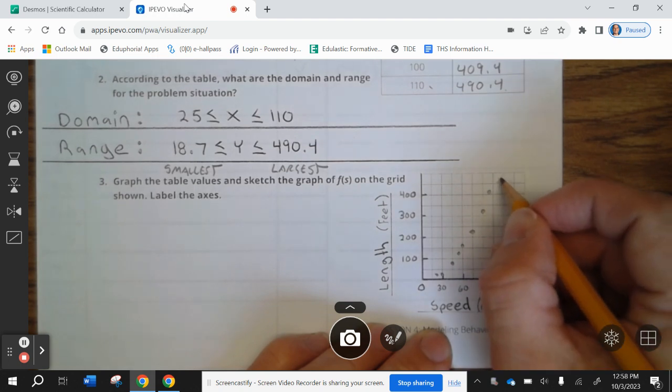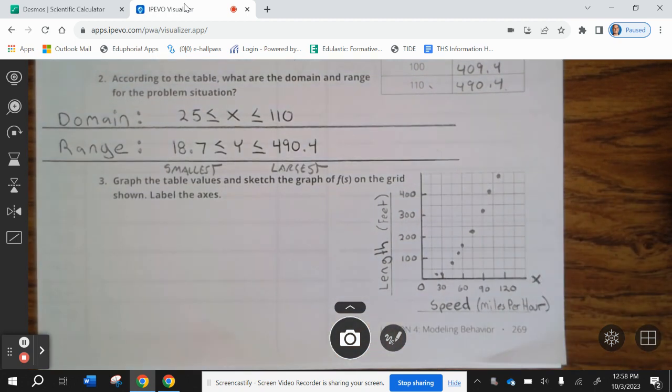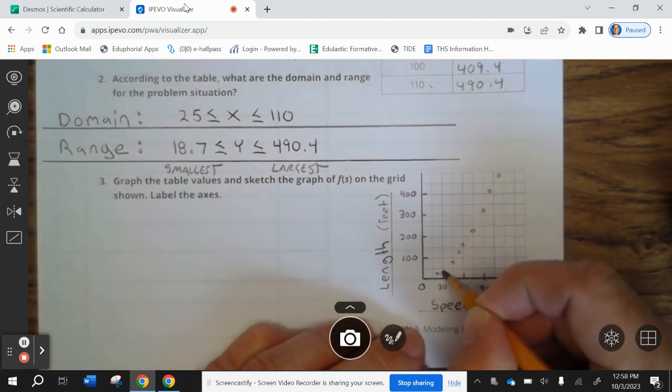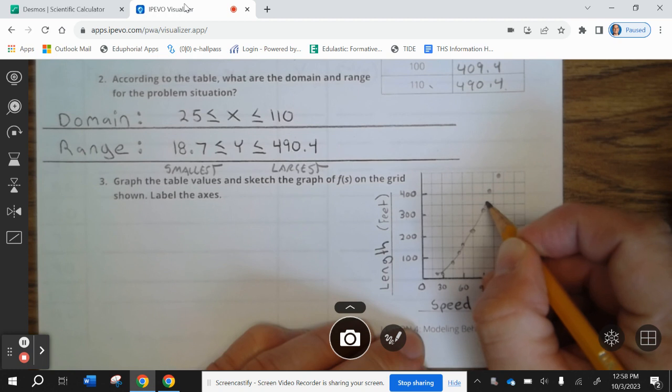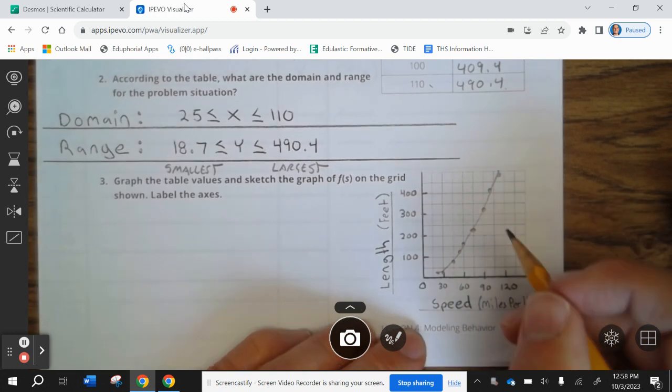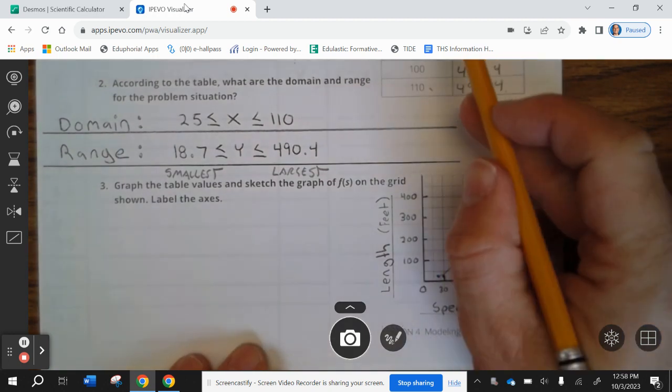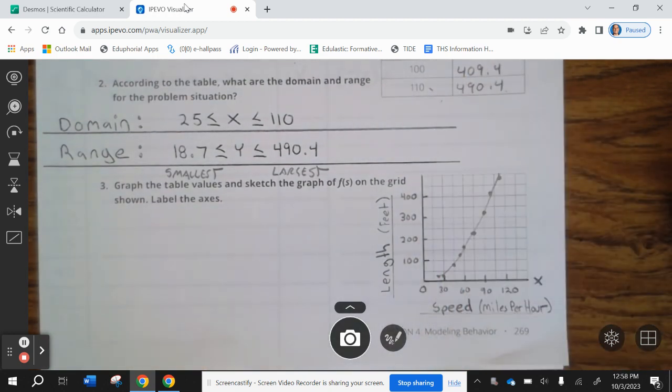Here, 490, somewhere around here. Okay. All right, go ahead and finish that up. And we're actually going to connect the points. Curve like so. There's no arrows because we're going from here to here, okay?